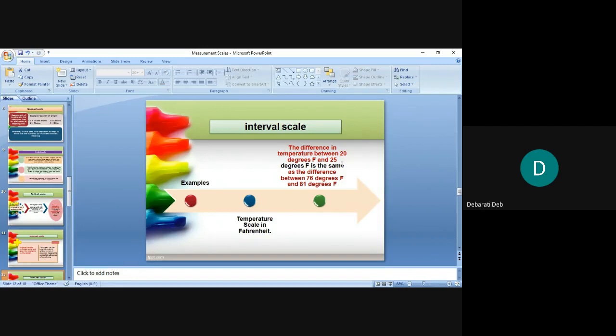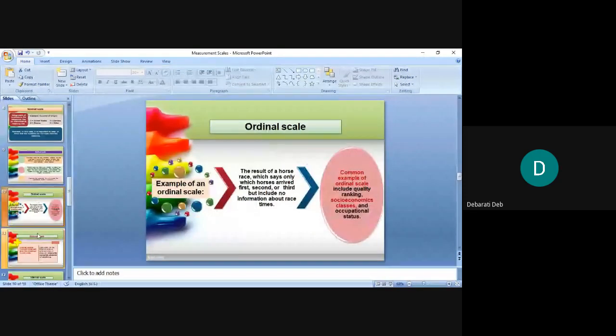The difference between 20 and 25 degrees Fahrenheit is the same as the difference between 76 and 81 degrees Fahrenheit. The difference between 76 and 81 is also 5, and between 20 and 25 is also 5. So a difference of 5 degrees Fahrenheit is the same. Interval scale helps you to say that these differences are the same.